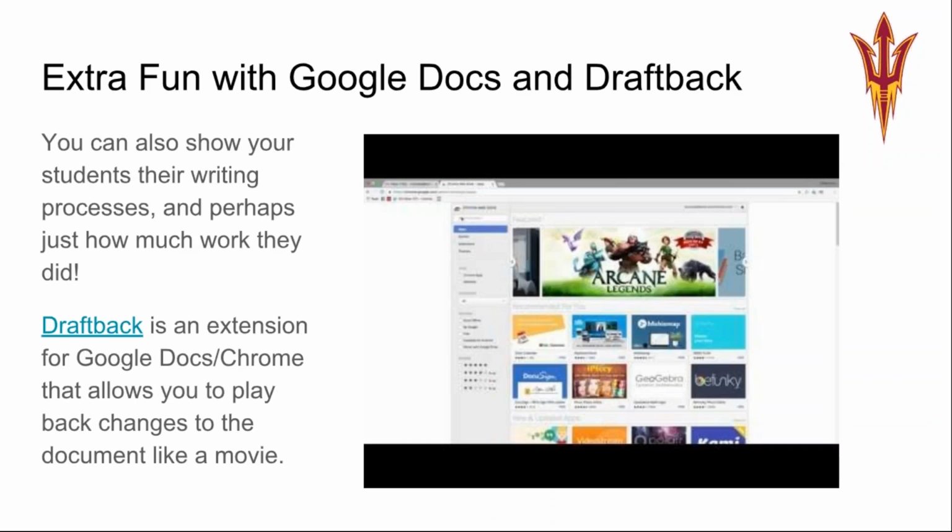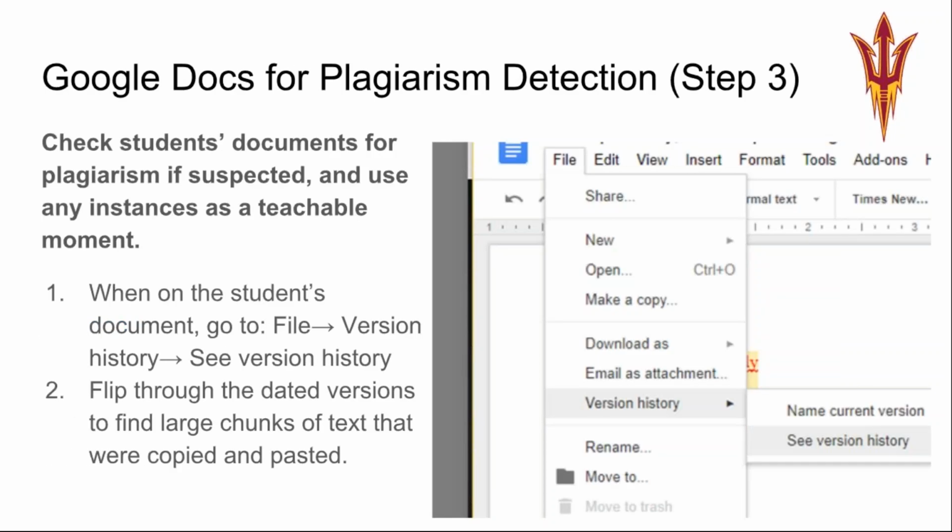Now, it's really important to make sure that we are using this as a teaching tool, and we're checking this early and often during the drafting process so that we can have time to have these conversations with the students, so that we can use these as teachable moments.